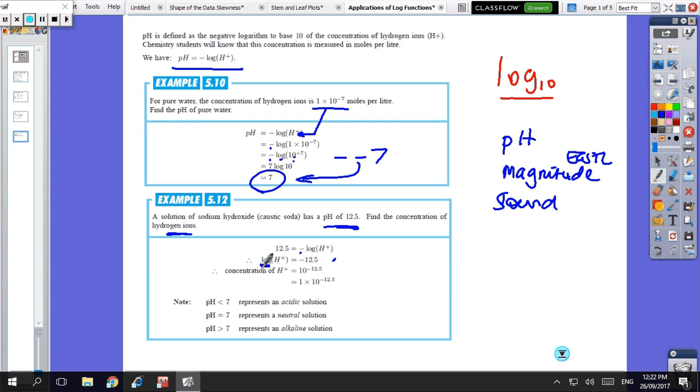And then this is log to base 10, so the base is 10, that's the power, so 10 to the power equals the answer, and so we end up with 10 to the minus 12.5, and that's the concentration of hydrogen ions. Okay, so just remember the answers to logs are indices, so that is the index, and that's why it goes on top of the base 10. Copy and come across when you're ready.